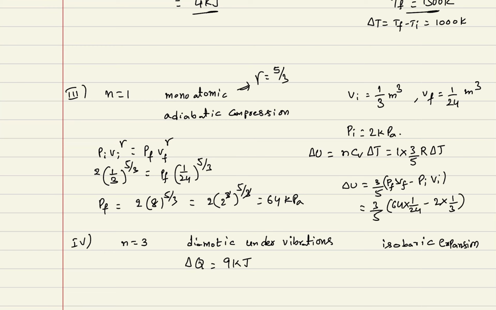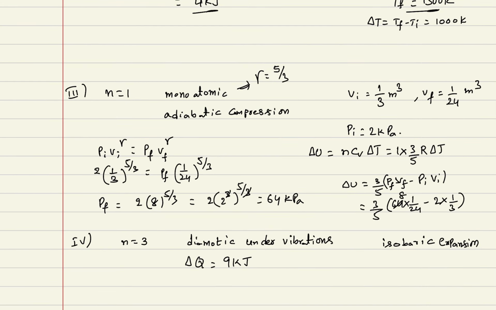If you substitute there, how many times can we get here? 8 times, it is 3 times. So you can get 3 by 5, 8 minus 2 is 6. So 6 by 3, what is the 6 by 3 value here? You can write it as 8 minus 6 by 3 is 2.